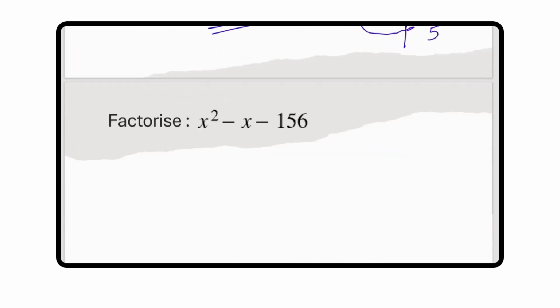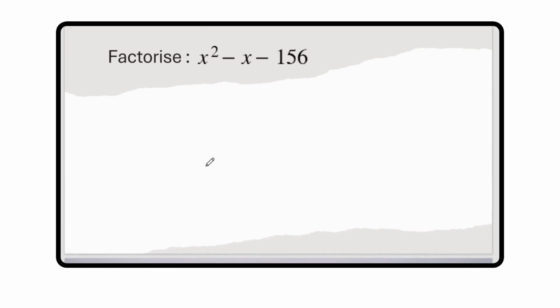Next question. x square minus x minus 156. So the coefficient of x square is 1, multiply it by minus 156. So 1 into minus 156 will give you minus 156.